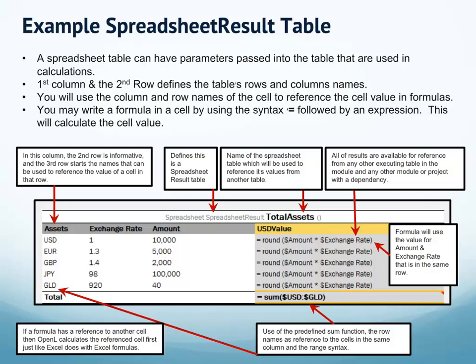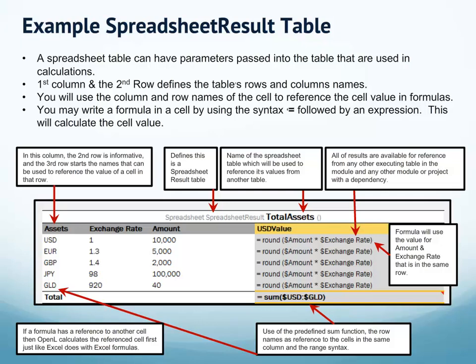So it's going to take the amount, which is 10,000, and the exchange rate, which is 1. It is going to multiply those two together, and then it's going to perform any rounding that is required. And now the value of USD is whatever that calculation equals, which is 10,000.